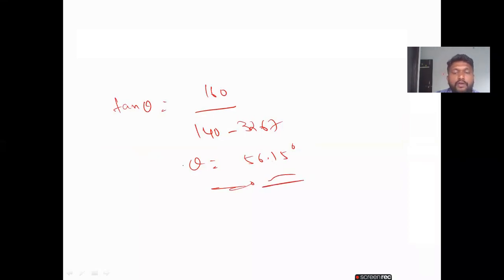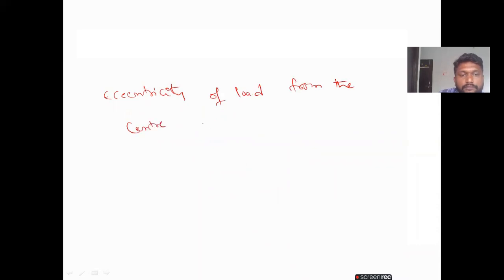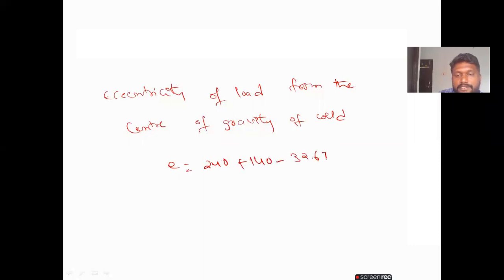Okay, and now the eccentricity of the load from the center of gravity of the weld, how we will calculate. E equal to 240 plus 140 minus 32.7.